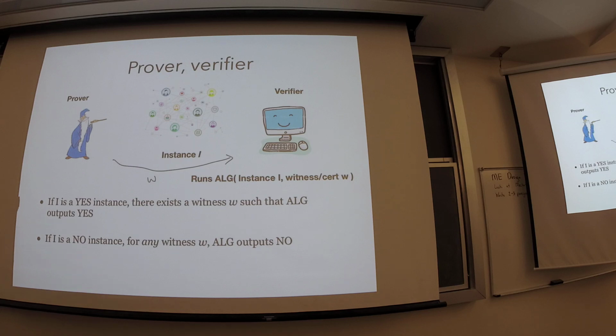And the goal of the prover is to convince the verifier to say yes. And we said that this is a correct verification algorithm if you have these two properties.